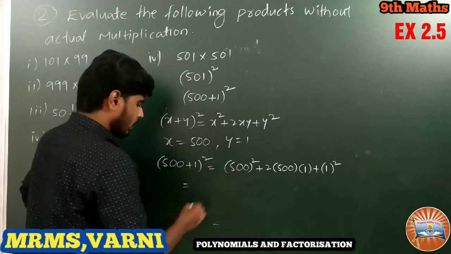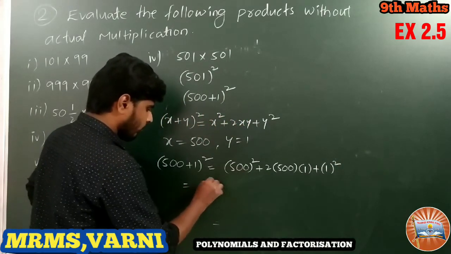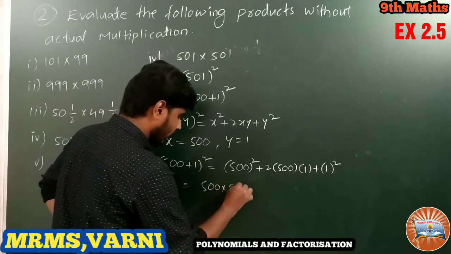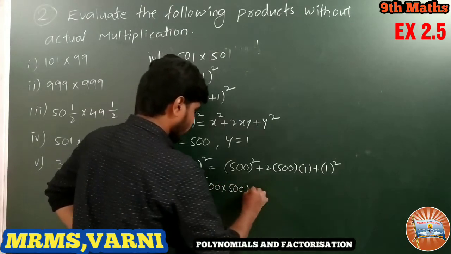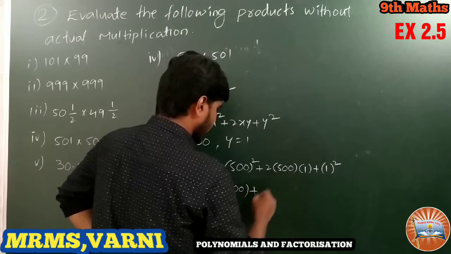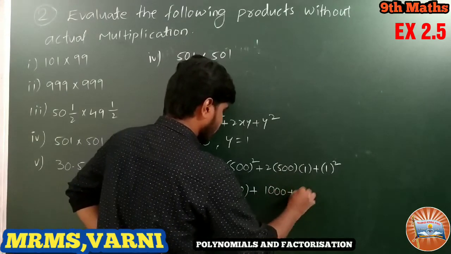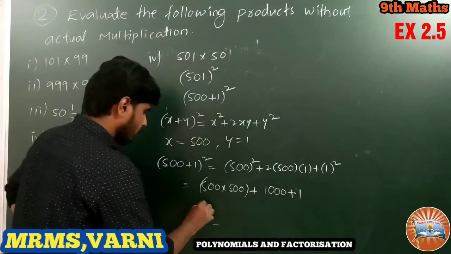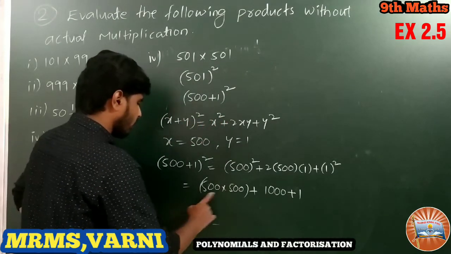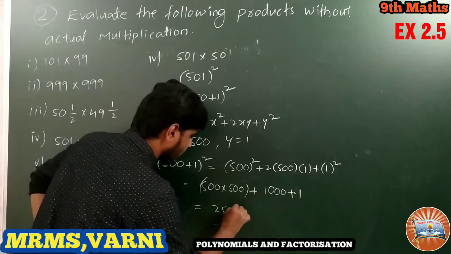Okay, this becomes 500 whole square, nothing but 500 into 500, plus 2 into 500, 1000, into 1, 1000, plus 1. So it becomes 5 5s are 25, 4 zeros as it is.